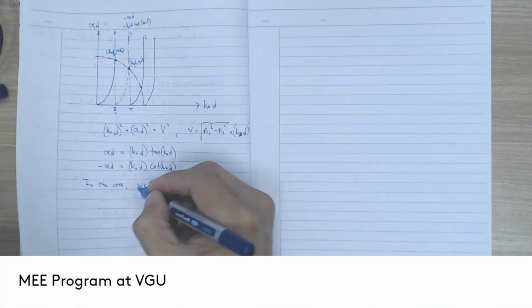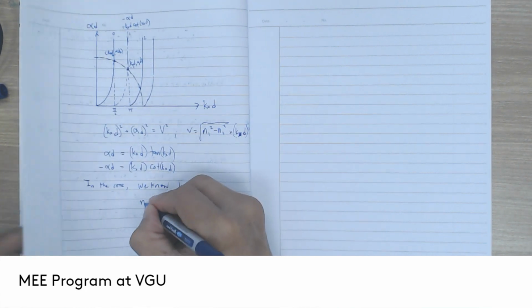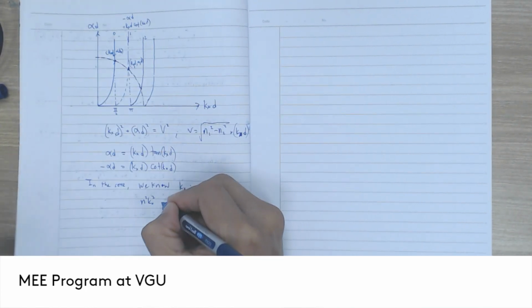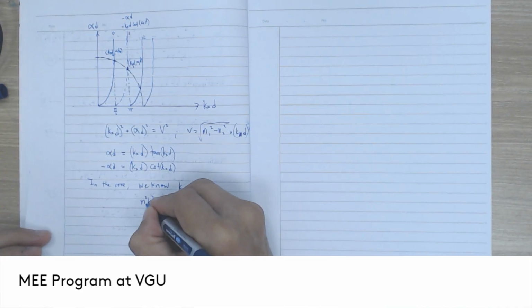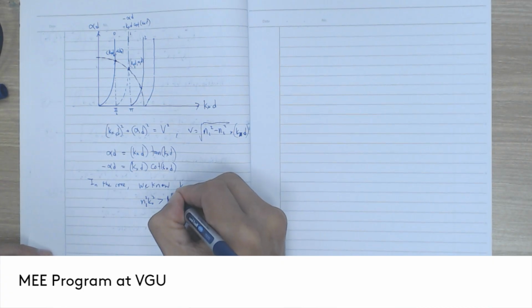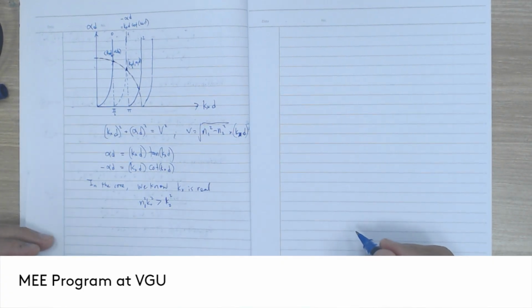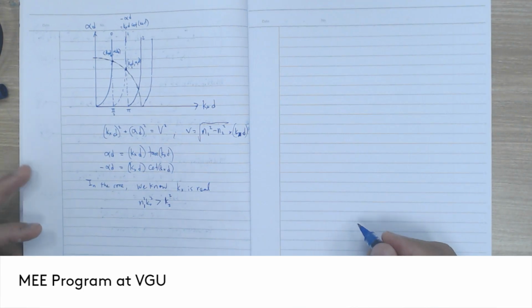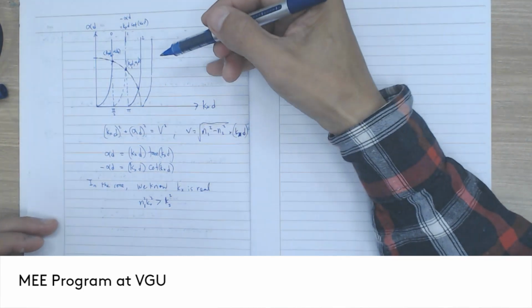And this is the condition: k naught squared n1 squared greater than kz squared.